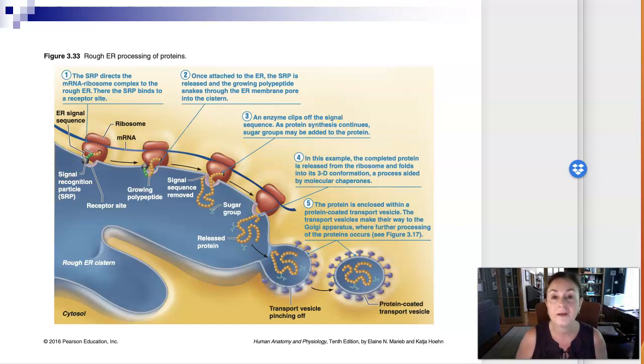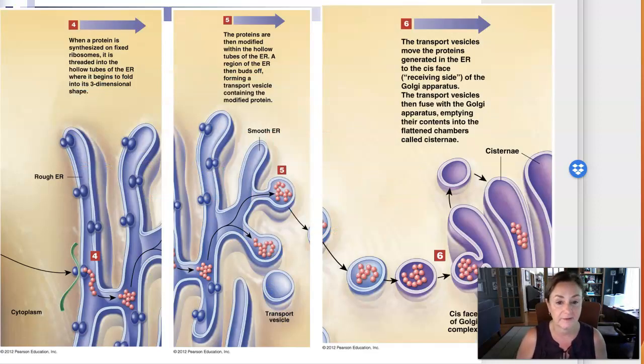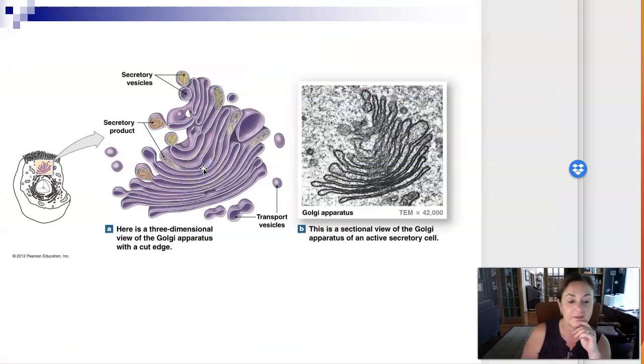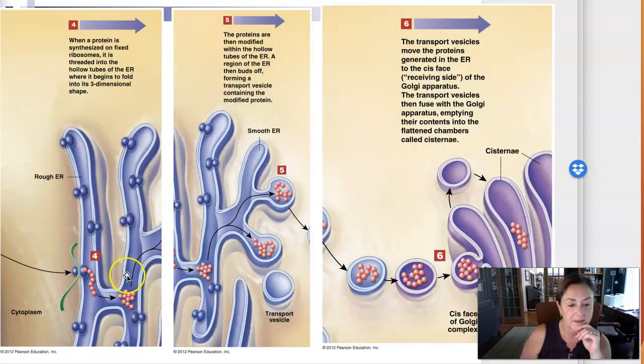So I told you how the ER is affiliated with the Golgi, so let's think about that for a minute. In this picture, what we're seeing is the ribosome on the surface, the protein is being produced on the RER, and then the protein is being released by exocytosis from the ER, and that protein is then going to go to the Golgi apparatus. So the Golgi apparatus is a little bit like a chain reaction.